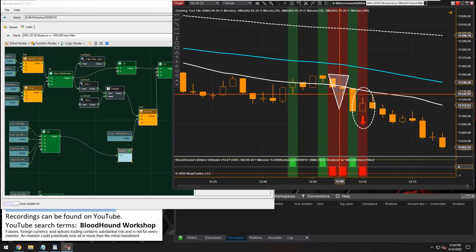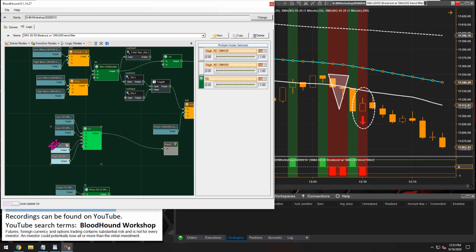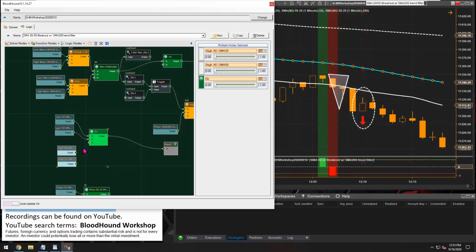So we need to remove the crossover signals when the low price crosses that moving average. And when the SMA 20 is below the SMA 50, then we know that we only want to look at the high price. So I'm going to need to combine these solvers with some other logic here.